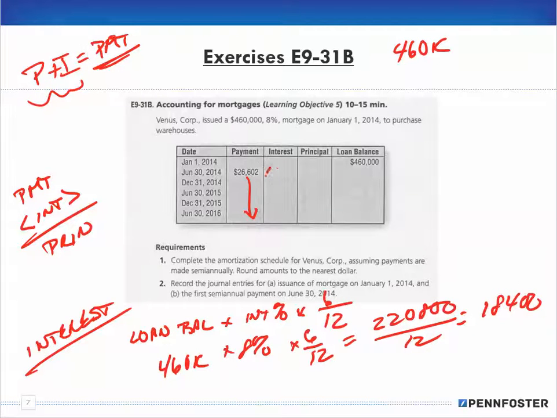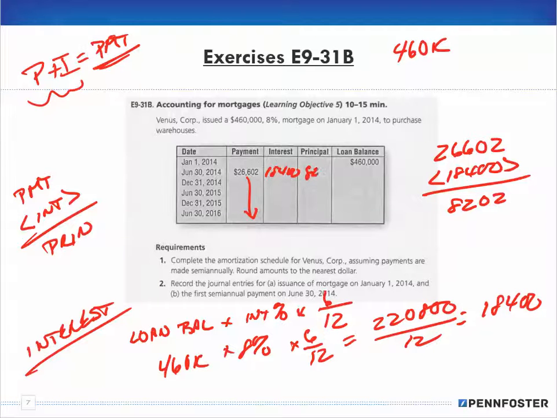So that's going to be our interest here, $18,400. And if our payment is $26,602 and we subtract the $18,400, that gives us a principal amount of $8,202.